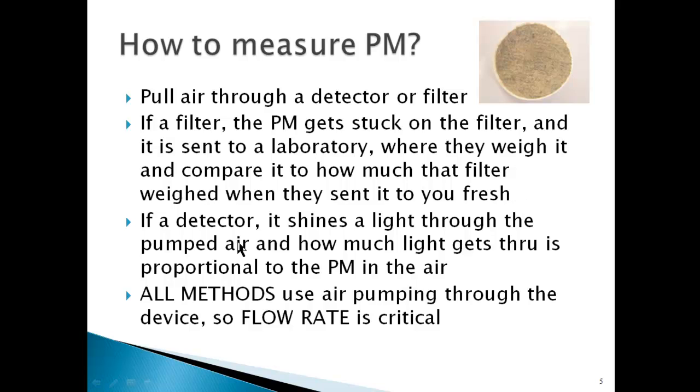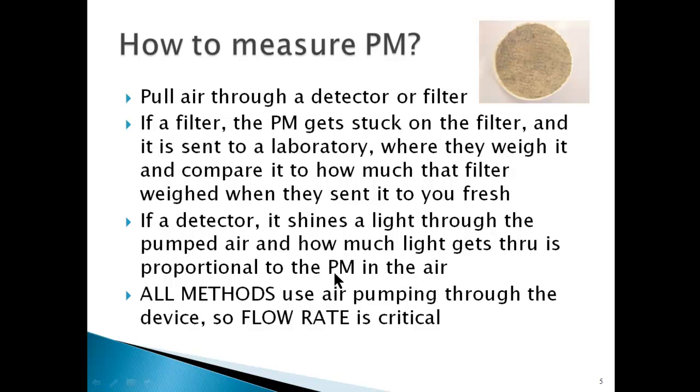If you're using a detector like a DustTrak kind of monitor, they basically work by some variation of shining light through the pumped air. The air is pumping through a chamber, and there is a light source and a light detector. Again this is a simplification, but most of them work something like this, and how much light gets through is proportional to the particulate matter in the air.